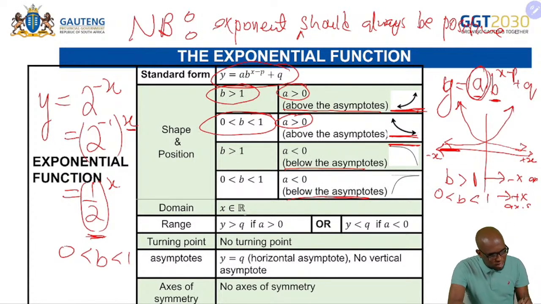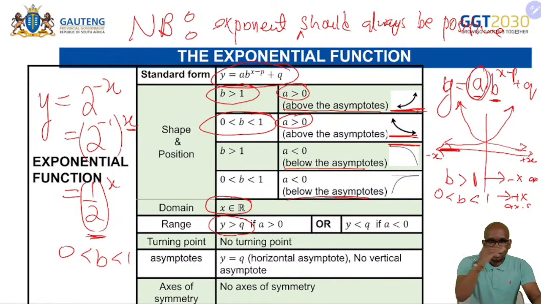Right, domain and range. The domain takes all real numbers for an exponential function, but the range is such that y should always be greater than the horizontal asymptote. It should be greater than the value of q, because the graph is defined above the value of q, or it should be less than the value of q when a is negative.